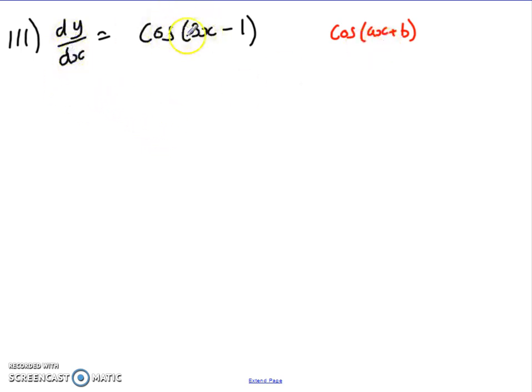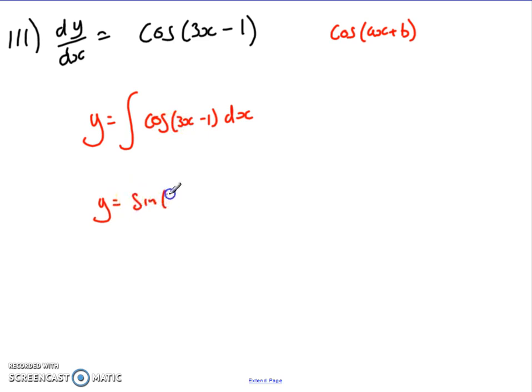Now dy by dx equals cos of 3x minus 1. We know in this case y is going to equal the integral of cos of 3x minus 1 dx. So again, we're back to integrating with respect to x because that's the variable we have. So integrating cos, cos goes to sine, so it becomes sine of 3x minus 1.